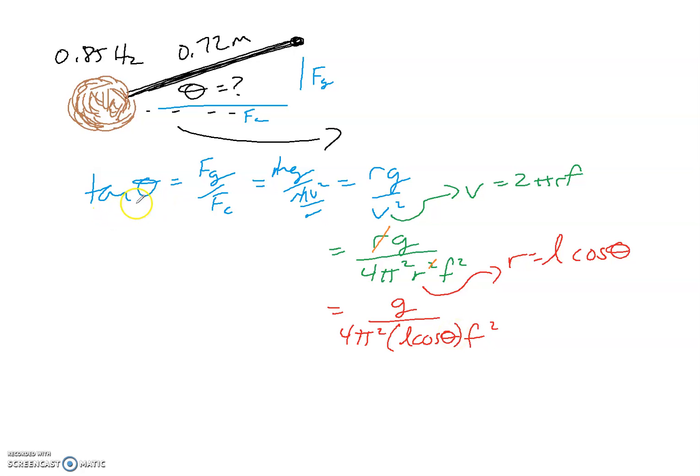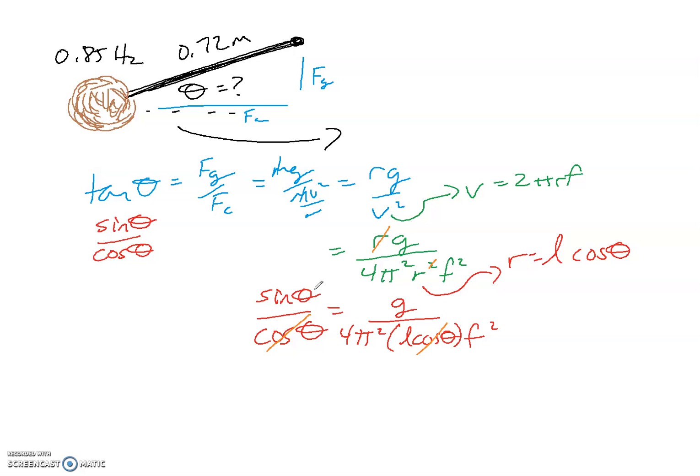But I can rewrite tan theta using the old trig identities: tan theta is equal to sine theta divided by cos theta. It's perfect because then our cosine thetas can cancel out, and all I'll be left with is sine theta. Everything else I know, and I can solve for sine theta.